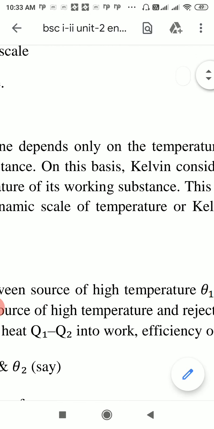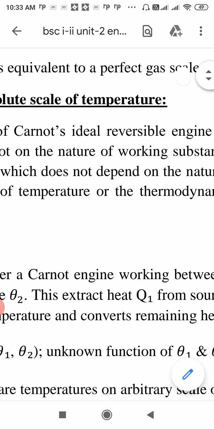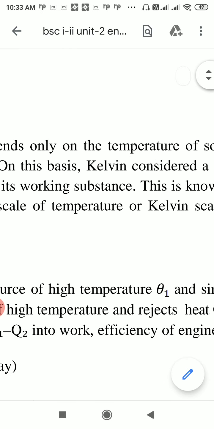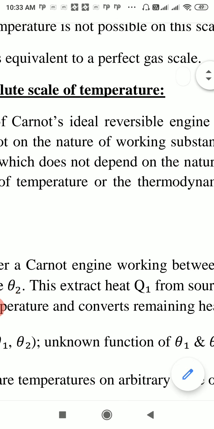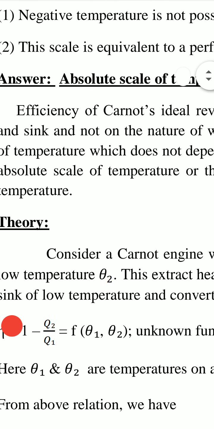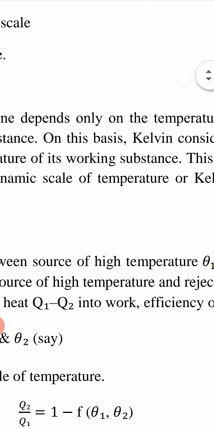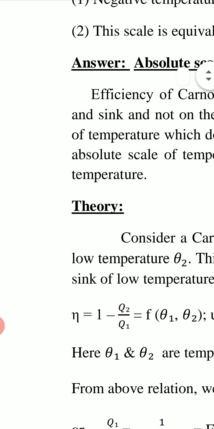On this basis, Kelvin considered a scale of temperature which does not depend on the nature of its working substance. This is known as absolute scale of temperature, or the thermodynamic scale of temperature, or Kelvin scale of temperature.